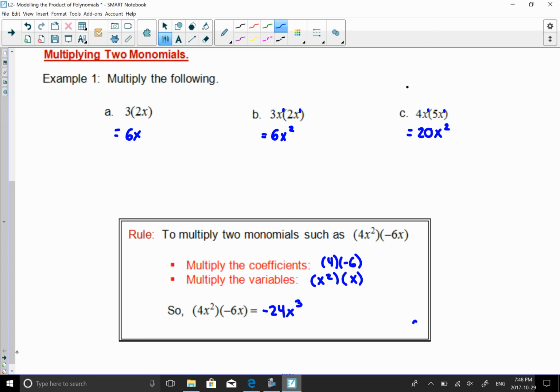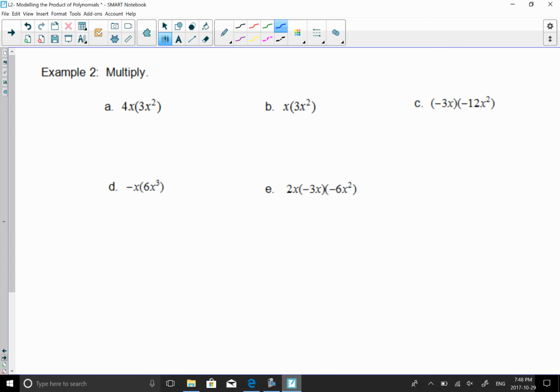So let's look at some more examples. Here, 4 times 3, multiply the number by the number, that's 12. There's an imaginary 1, so same base, x and x, 1 and 2, that's 3.